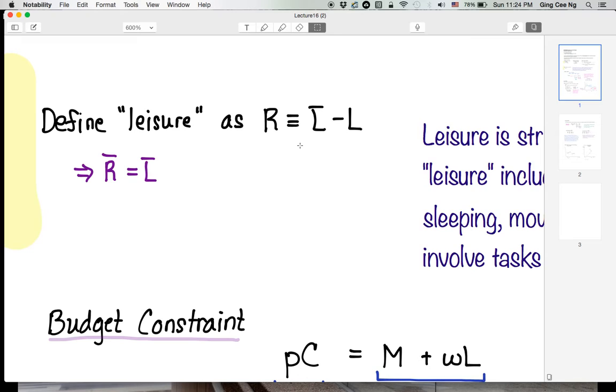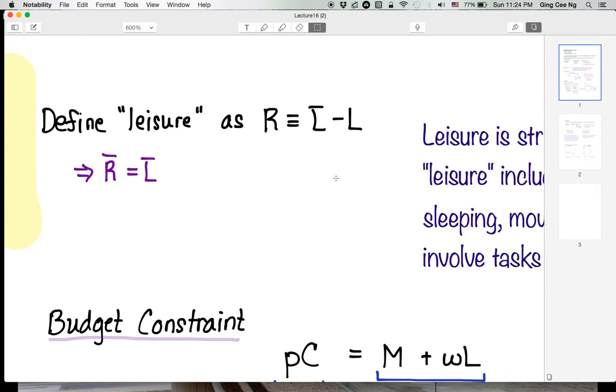It's not always something that's particularly pleasurable. You shouldn't think of leisure in the technical way that we're defining it as economists as sitting on the beach. It's literally anything that you're doing that's not working, okay?